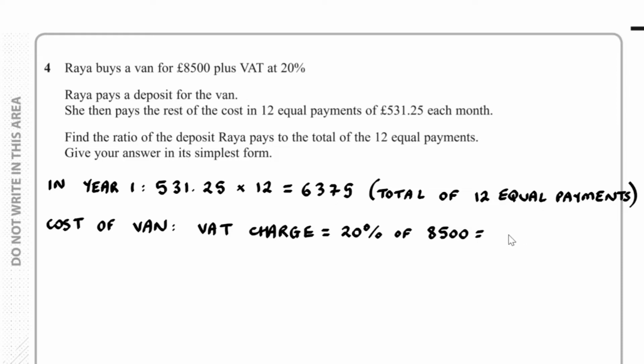So the VAT charge will be £1,700. And so for the total charge, we have 8,500 plus 1,700, and it turns out we have 10,200.